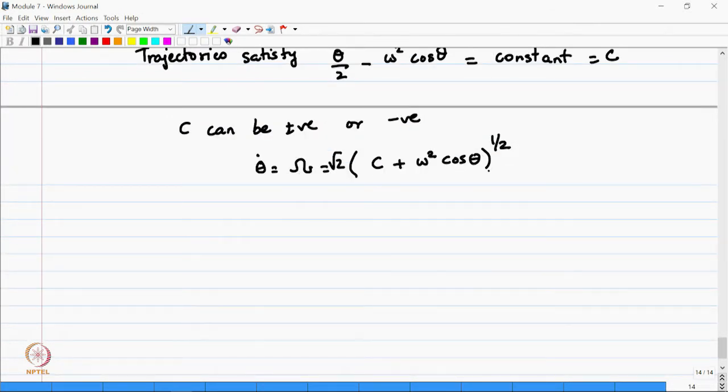Now, omega is supposed to be real, so C plus omega square cos theta has to be greater than or equal to 0.